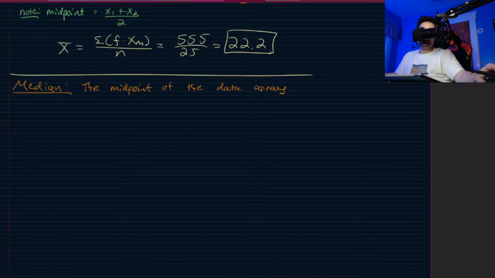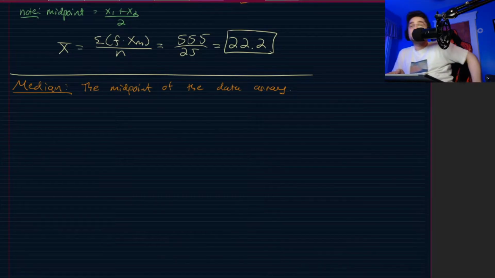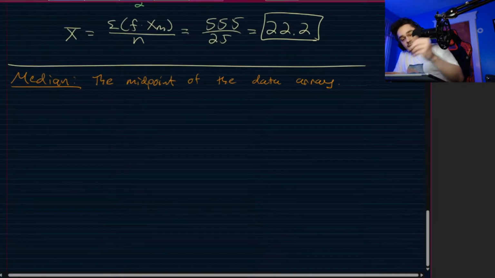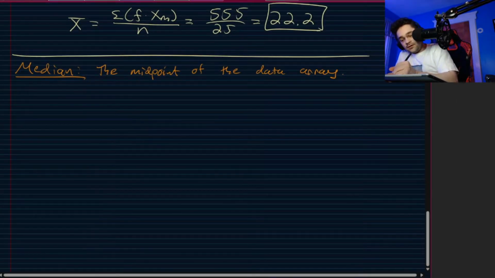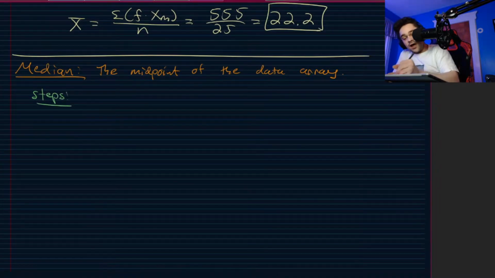And so you do need to sort it from low to high. Let me show you guys the step-by-step process to find the median, because it does change depending on whether there's an odd or even number of data values.